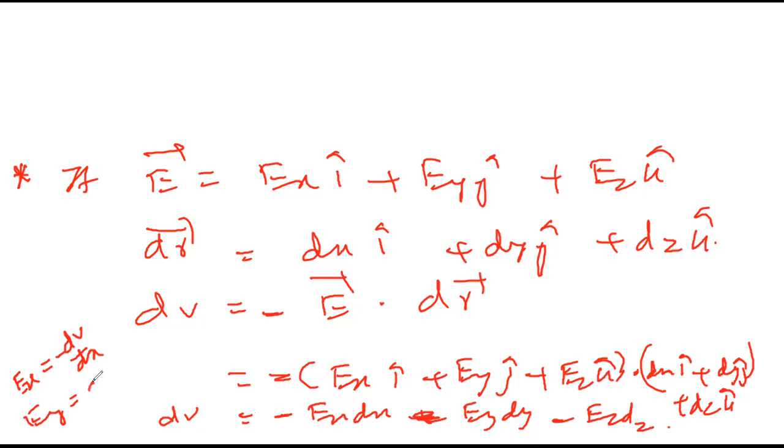Similarly, Ey will be minus dV by dy and Ez is minus of dV upon dz. This is called partial differentiation. So if you differentiate this partially, then dV, which will become delta V, only first term with respect to x, with respect to y, with respect to z.